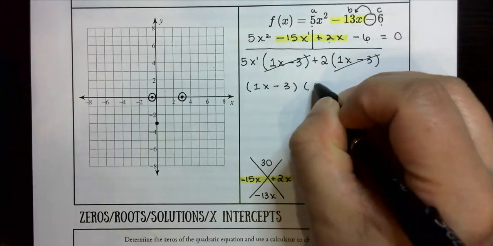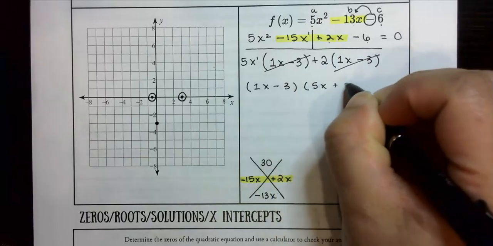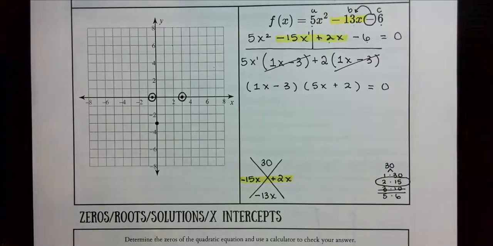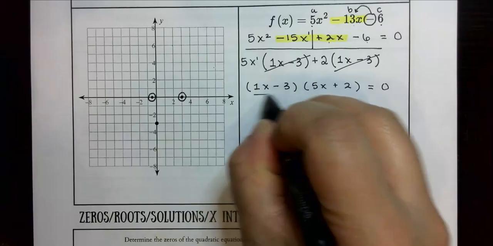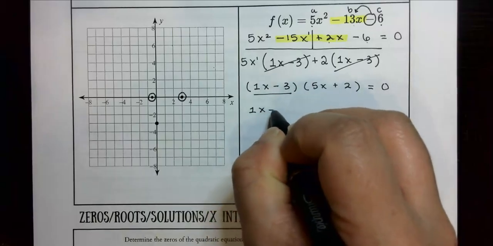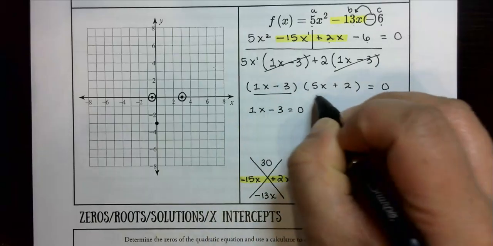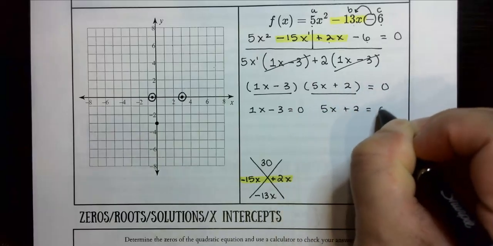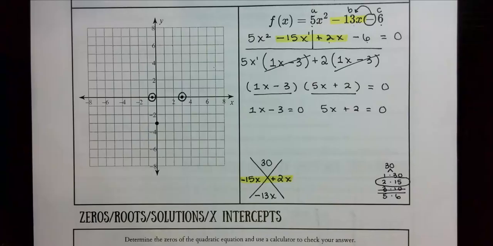And then take your GCFs and put it in the same parentheses. Now bring down your equal 0, and I want to remind you that both of these represent your x-intercepts. We're going to take this and set it equal to 0. We're going to take this and set it equal to 0. And we're going to solve for the x.